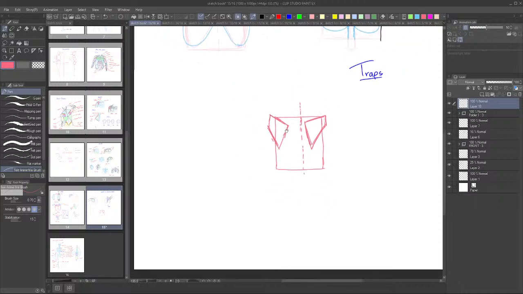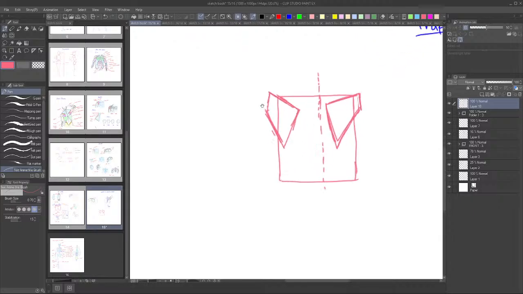Once you raise a little bit of the hand, the clavicle on the front part is also going to raise a bit.